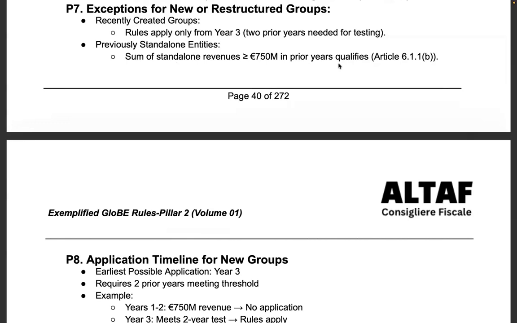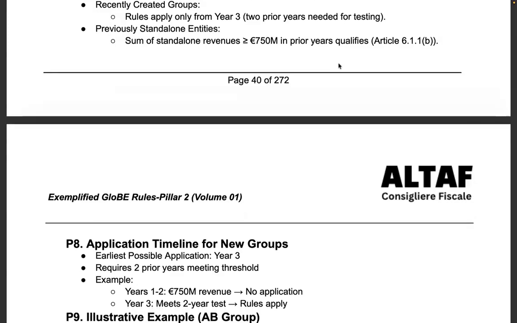They were not part of the same MNE group, and later on it actually became or was deemed to be a multinational enterprise group, MNE group. Then how do we test the current year, whether the 750 million euro annual consolidated turnover condition has been met or not? The answer is that we will consider the standalone revenues, we will add them, and we'll see whether this 750 million euro threshold was exceeded or not.